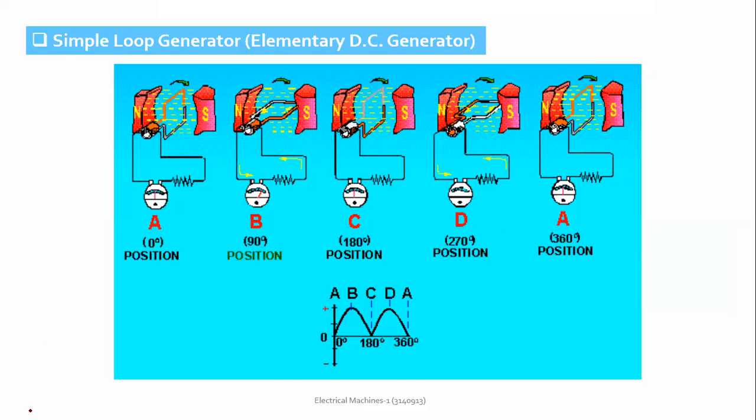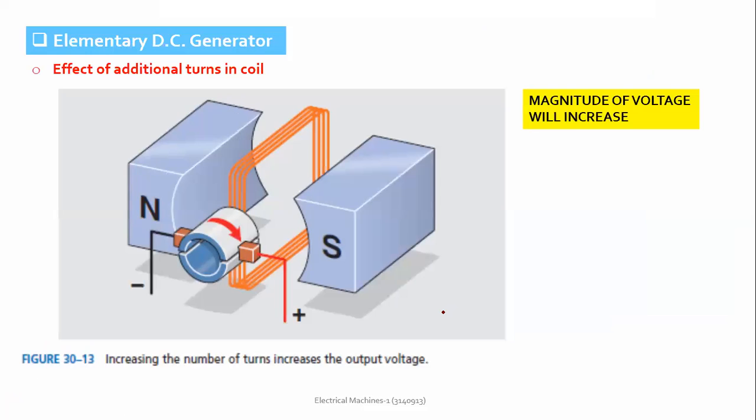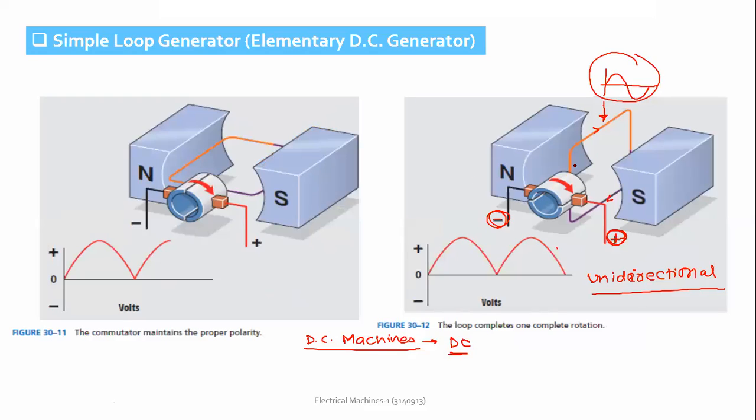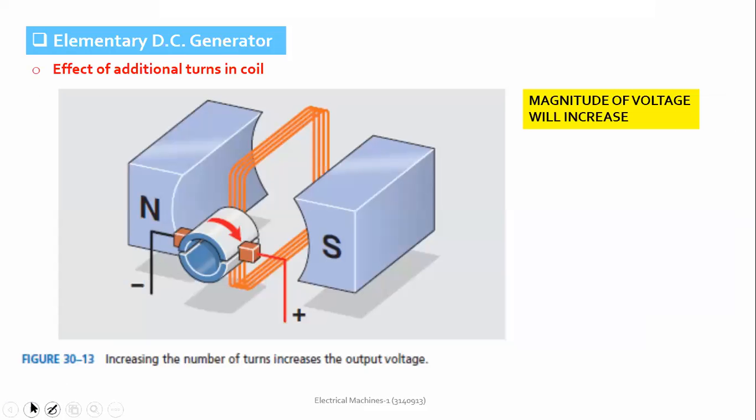Now let's see the effect of additional turns in the coil. Previously, in the last diagram, if you observe, I used one single-turn coil. There is only one turn of the coil connected with the commutator segments. Now, if I increase the number of turns in the coil like this, what will happen then?